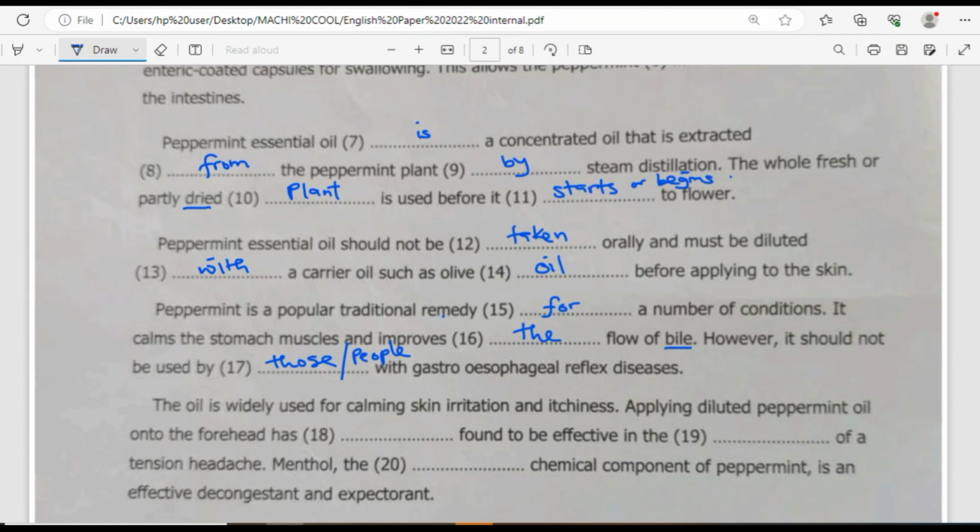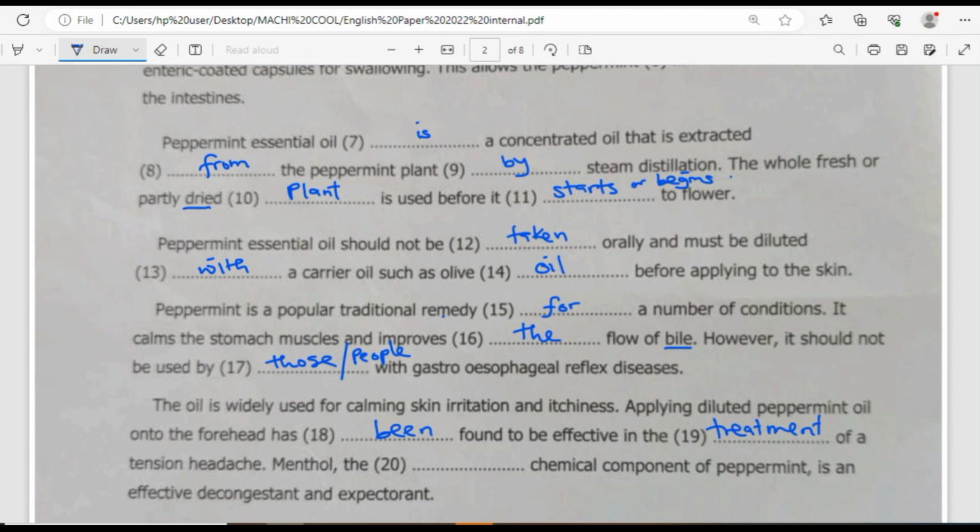Applying diluted peppermint oil onto the forehead has been found to be more effective in the treatment of a tension headache.